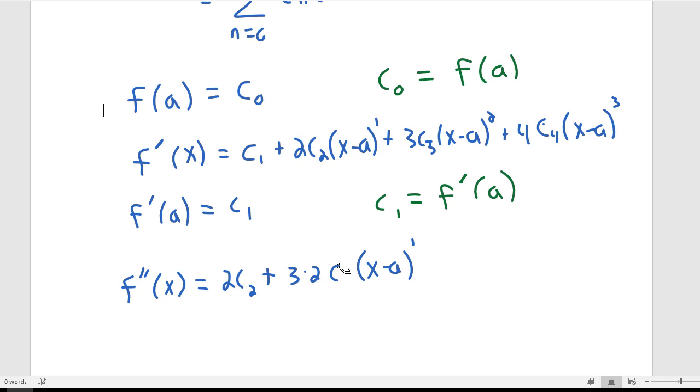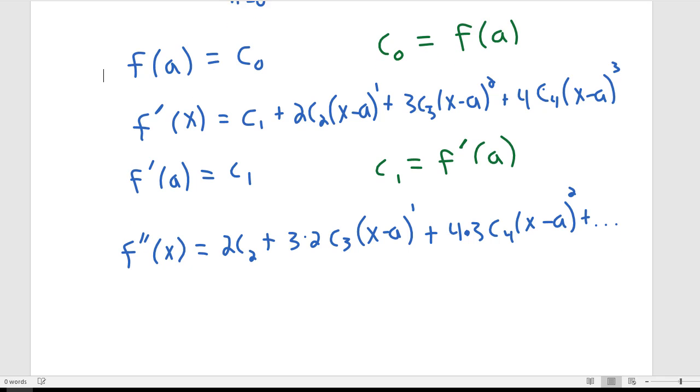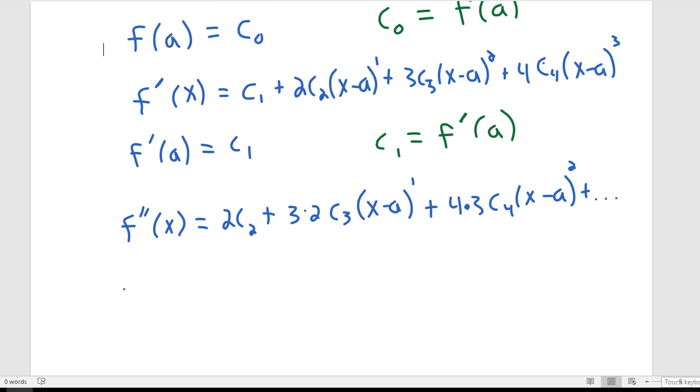My writing is sloppy today, forgive me. If I take the derivative of the next term, I'm going to bring the 3 down, so I'm going to have 4 times 3 c4 times x minus a squared, plus dot, dot, dot.